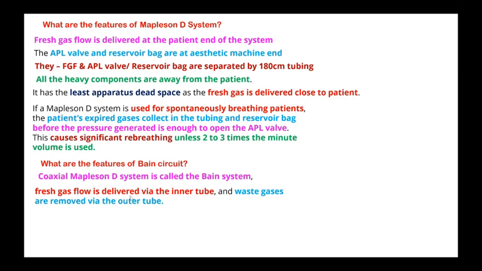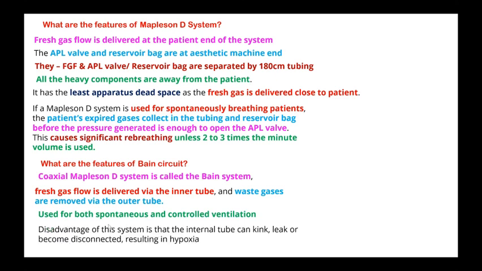And fresh gas flow here is delivered through the inner tube, unlike the Lack tube, where it is delivered through the outer tube. Here, the fresh gas flow is through the inner tube, and the exhaled gases are removed via the outer tube, and it can be used for both spontaneous and controlled ventilation.